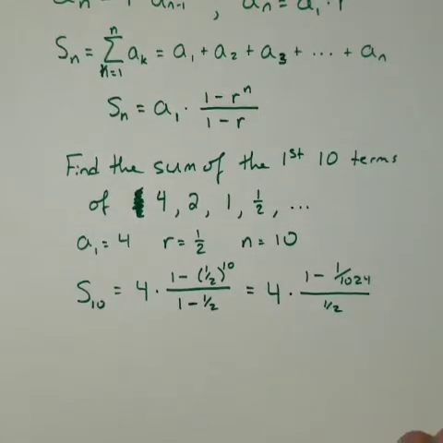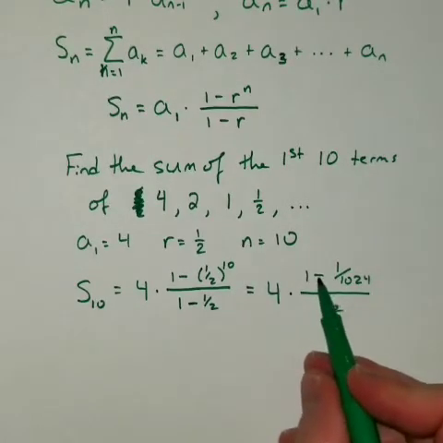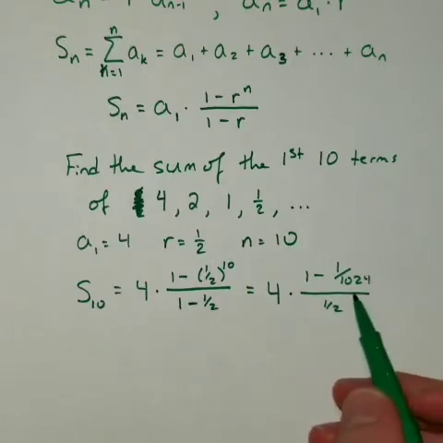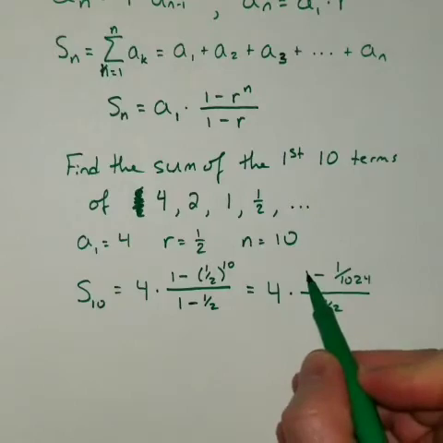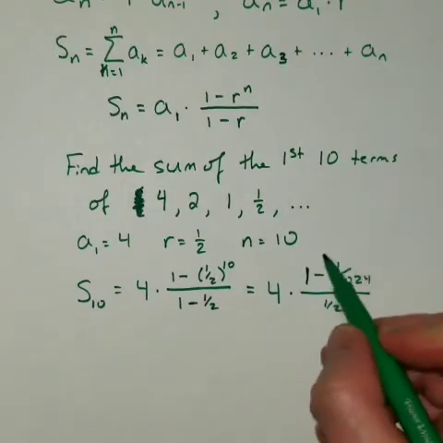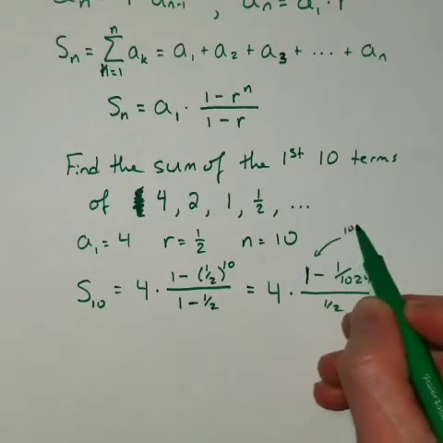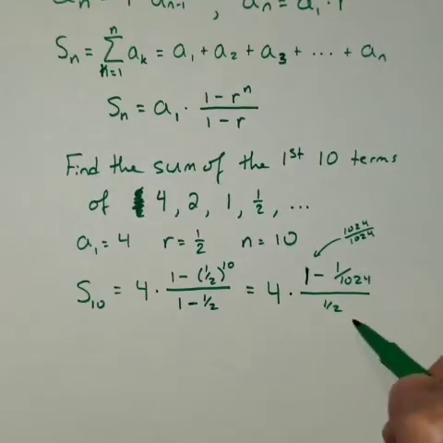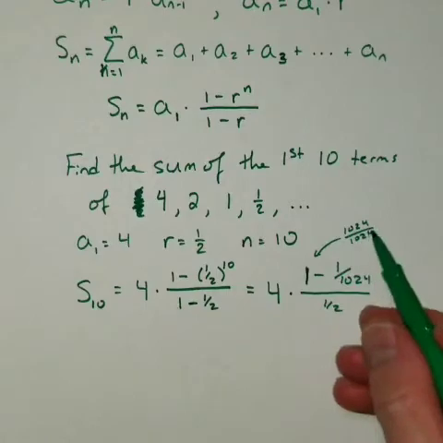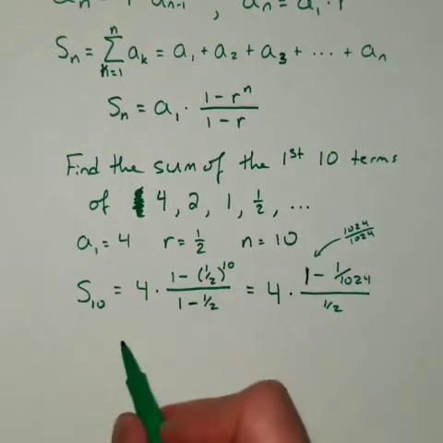If you think about it, this 1 is really just 1024 over 1024, common denominator. Subtract, and you get 1023 over 1024. So I'll write that out.